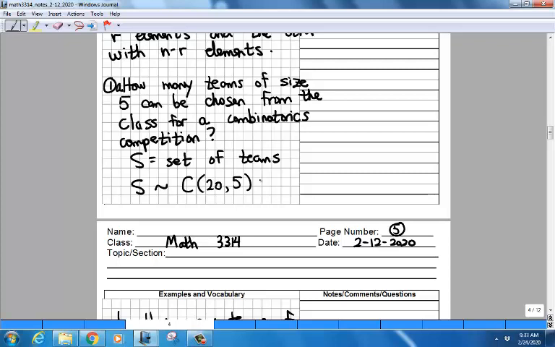So when I write this down, I mean from the integer segment 20, 1, 2, 3, up to 20, how many subsets of size 5 can we pick from that? That's what that notation would represent. And of course, that's a model of picking 5 students from the class of size 20, which is the same as the set of teams. So what's the cardinality of this then?